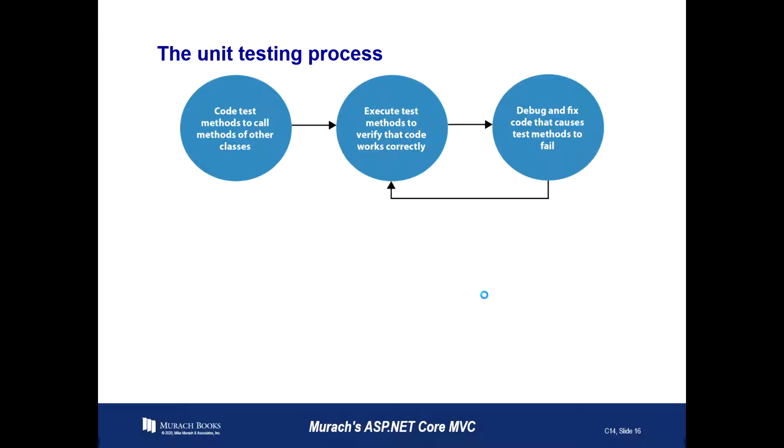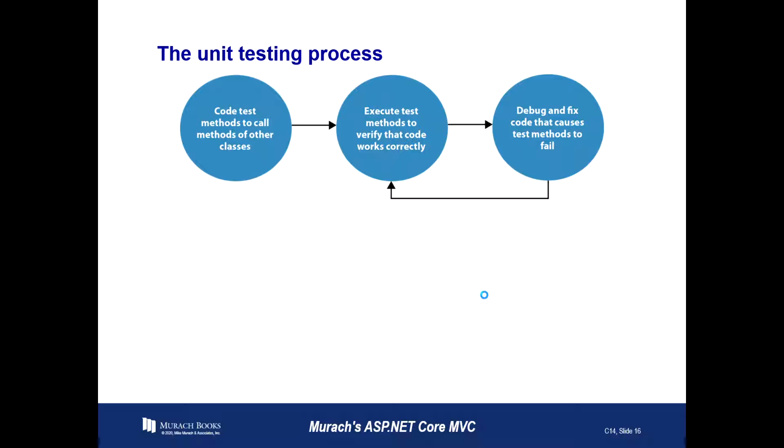You can either go through and unit test all of the code that you've written at the end, or another popular way to do it is test-driven development, or TDD, where you first write the test and then you code your method to pass that test.